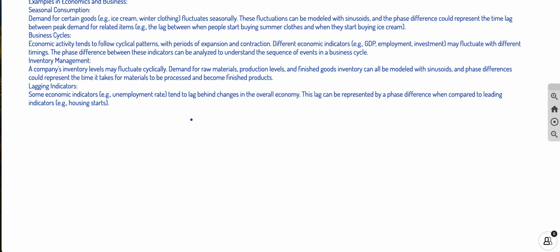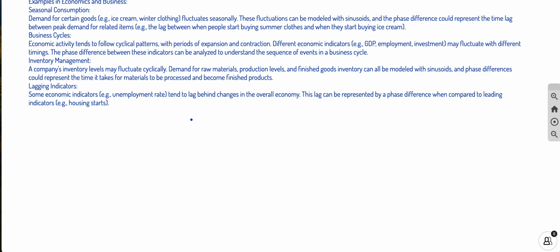And what about economic activities tending to follow cyclical patterns? Well, different economic indicators may fluctuate with different timings. So the phase can be an indicator of the sequence in which they occur in the business cycle. Correct?